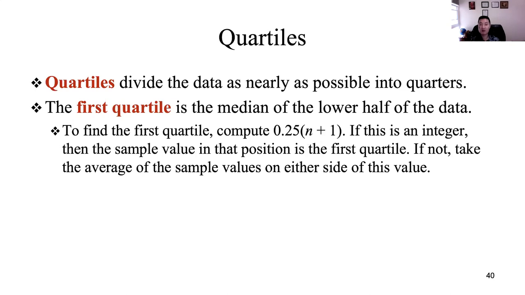For the median, we calculate 0.5 times n plus 1. Depending on the number, if it is an integer, then the sample value in that position will be the first quartile. If not, we take the average of the sample values on both sides of this value, same as what we did for the median.